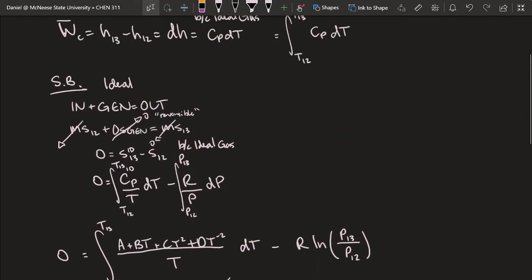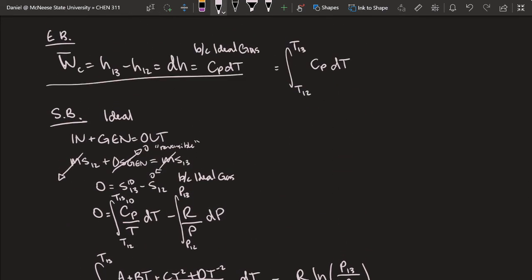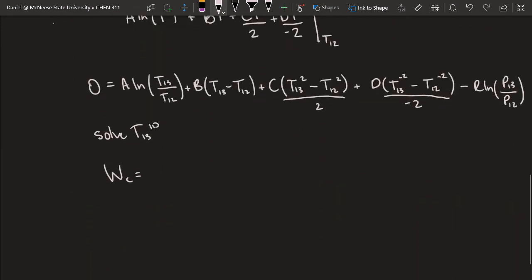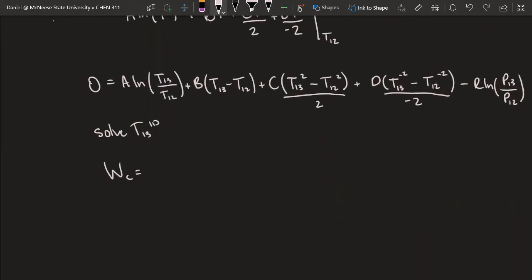For this part of it, you'd have A plus B, well, from the integral of T12 to T13.